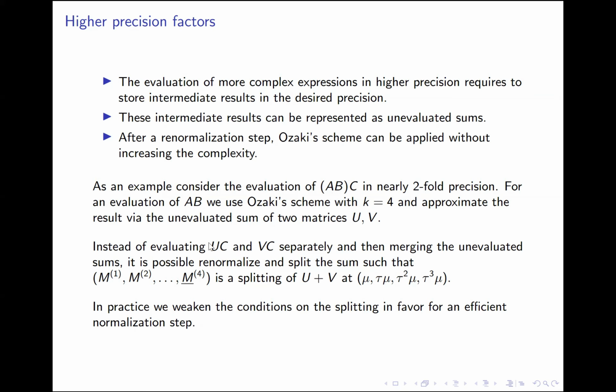But now it's not necessary to evaluate U times C and V times C separately and then merge the unevaluated sums. We intend to solve the problem by producing a splitting M_1 to M_4 of the unevaluated sum directly and use it directly as the input for the Ozaki scheme.